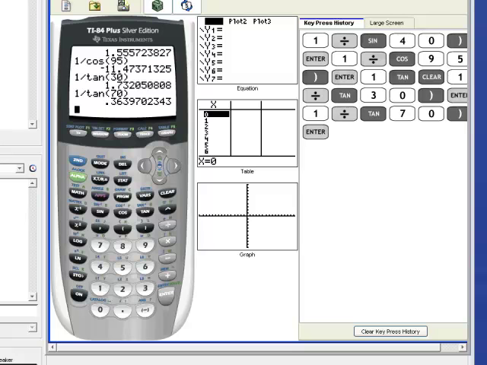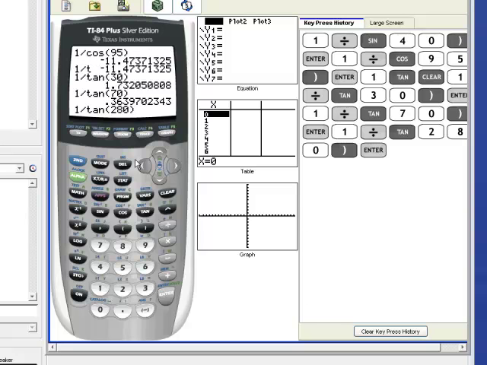Negatives, we can have those too. For example, cotangent of 280 degrees. So 1 divided by tangent of 280 degrees, -0.17. Or cotangent of 340 degrees.